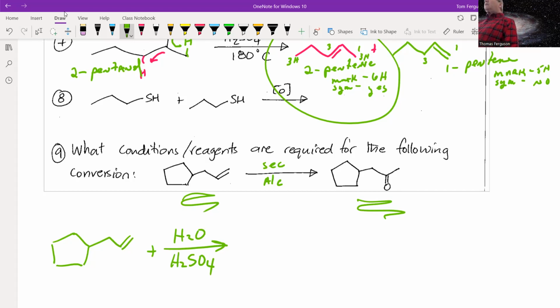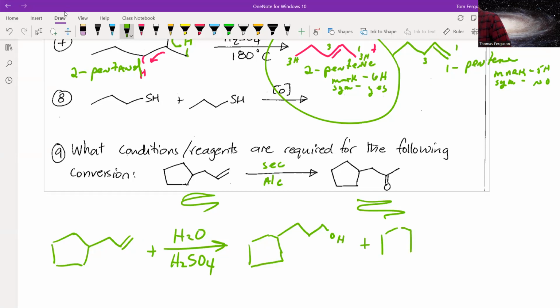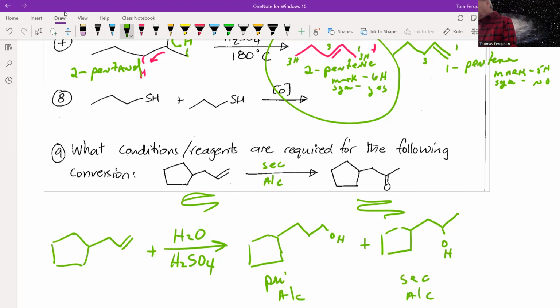So that water is going to add across the double bond, and you're going to get a mixture. And get that, plus that. So this is a primary alcohol, secondary alcohol.